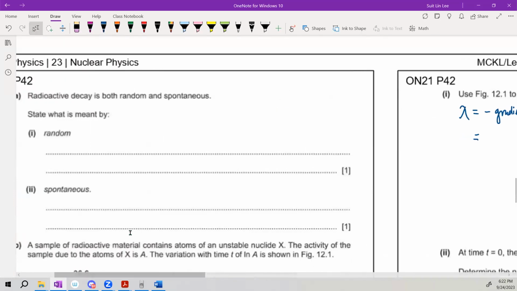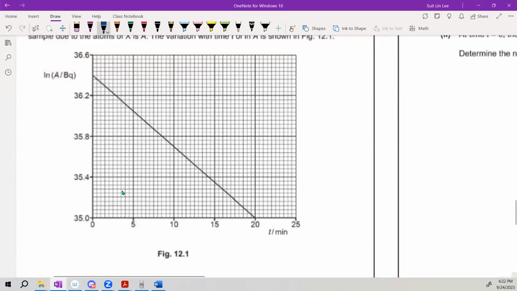So if I want to find the gradient, this would be 20.0 minus 0.0, and this one would be a strange scale. 36.4.